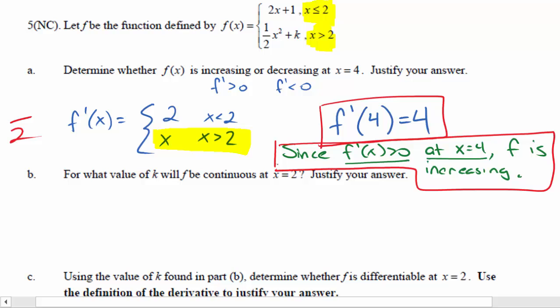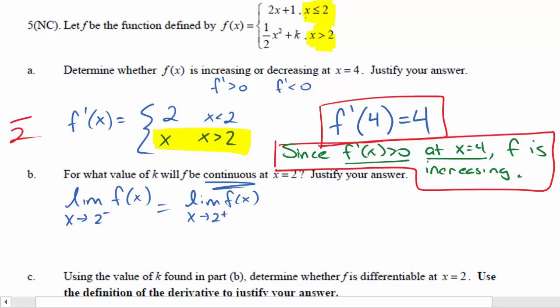So moving on to part B, for what values of k will f be continuous at x equals 2? Because we're dealing with another continuity problem, we must use limits. Therefore, we want to start off by saying the limit of f of x as x approaches 2 from the left must equal the limit of f of x as x approaches 2 from the right.